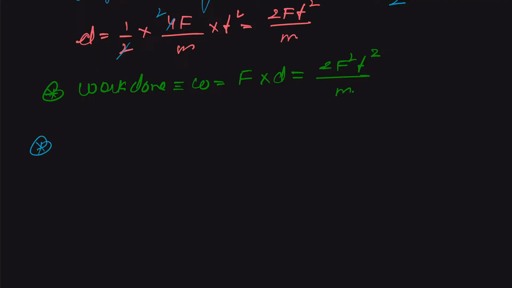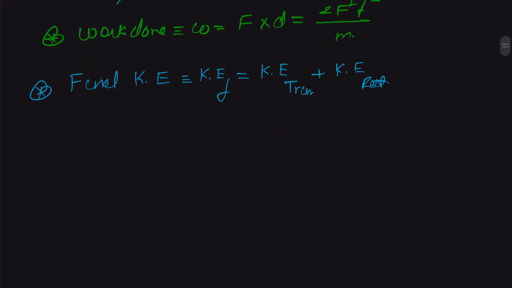Therefore we can say that our final kinetic energy, let us call this KE final, will be the summation of, because it is having both motions, translational as well as rotational. So this will be kinetic energy translational plus kinetic energy rotational.